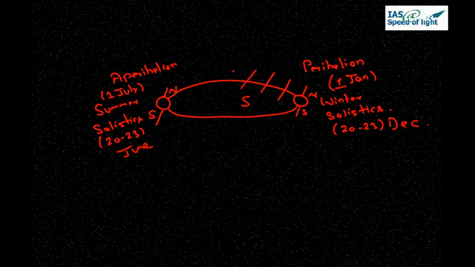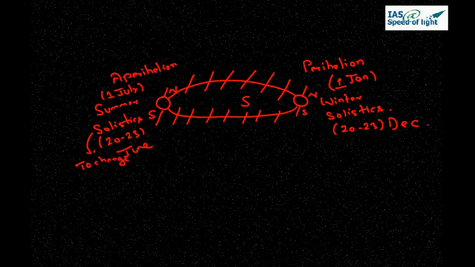What it means is the axis of the earth points in the same direction throughout the year, throughout its revolution around the sun. So it makes possible different climates or different seasons at different parts of the earth all around the year. Solstice means to change.